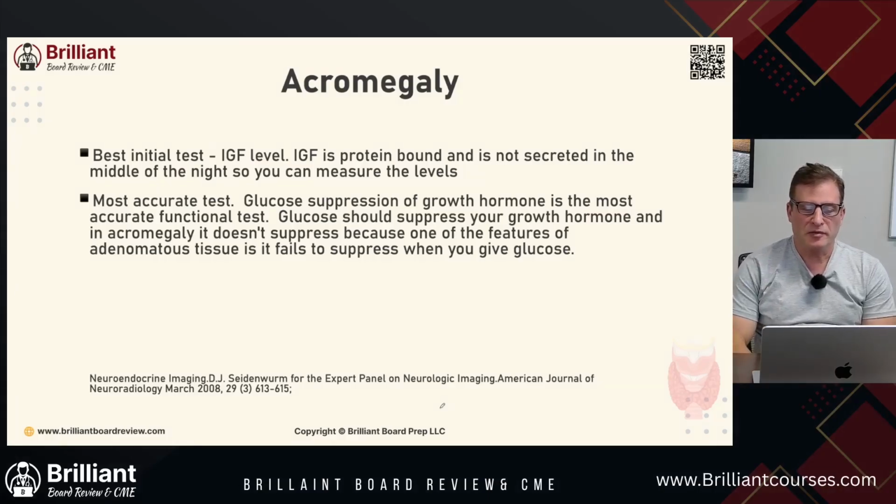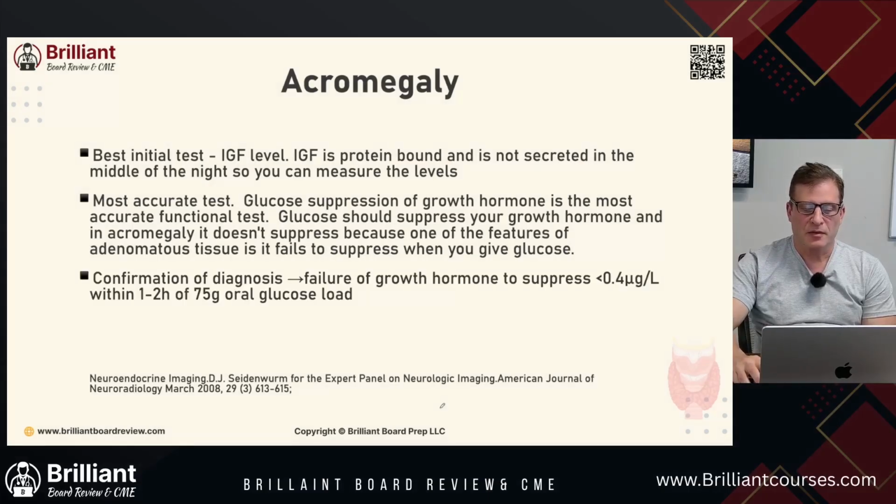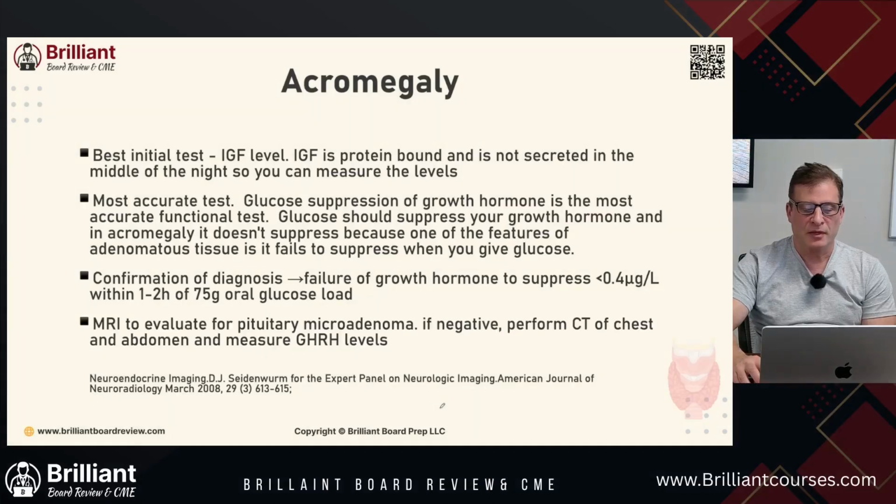In acromegaly, if it doesn't suppress, it's because one of the features is adenomatous tissue, which fails to suppress when you give glucose. Confirmation of diagnosis is failure of growth hormone to suppress to less than 0.4 within 1 to 2 hours of a 75-gram oral glucose load test. MRI to evaluate for pituitary macroadenoma.